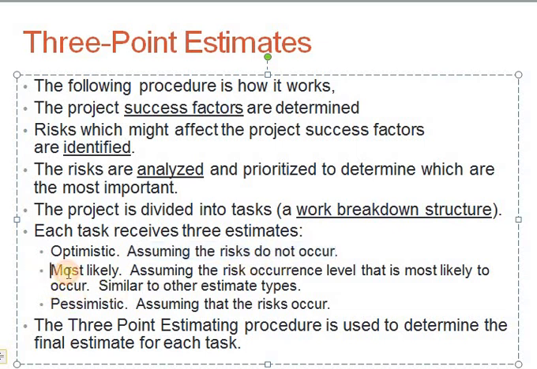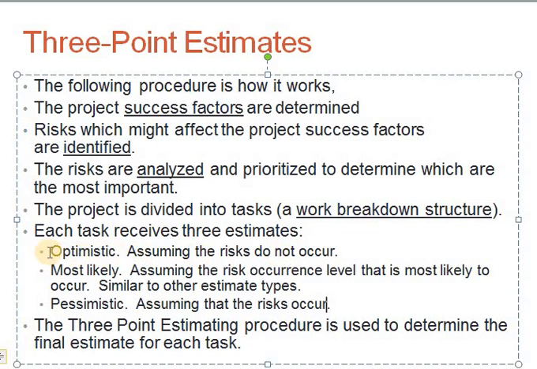The most likely estimate will tell us, assuming the risk occurrence level that is most likely to occur. Most likely is the best guess, you can say. So you will make a best guess for the occurrence level of a risk. In the pessimistic estimate, you will say, assuming that the risks occur.